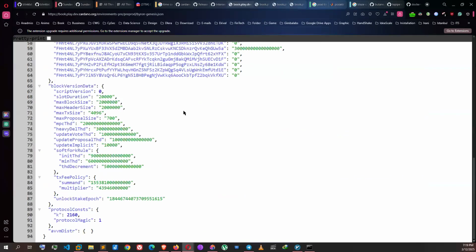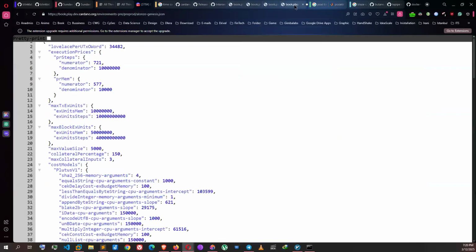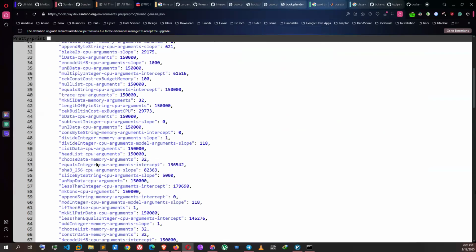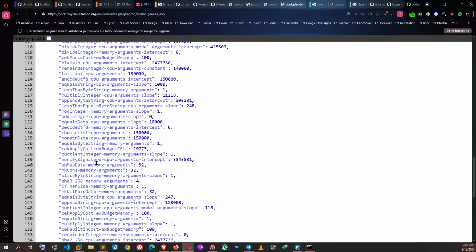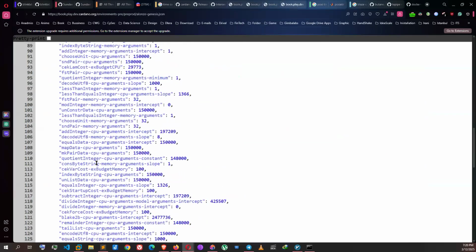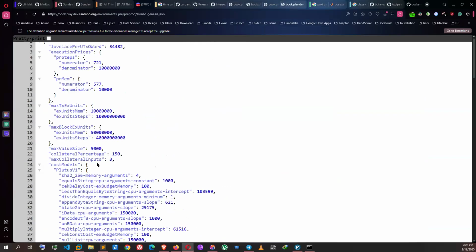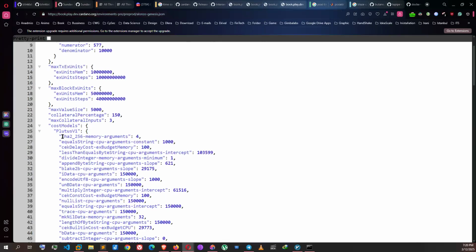The cost model is the entire map of those costs. So if you want to run this particular thing, it costs this much in execution units.